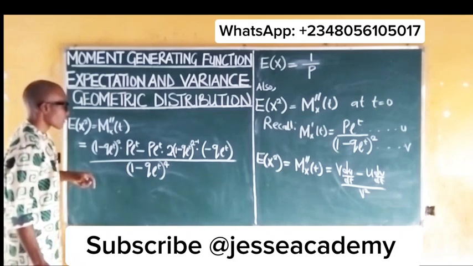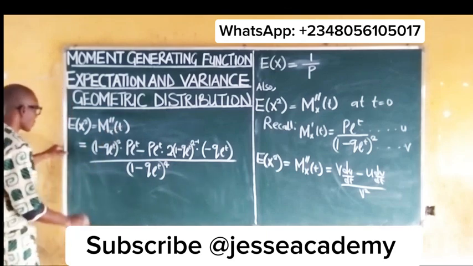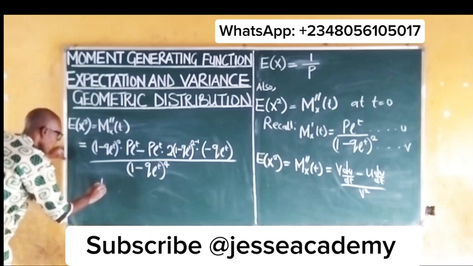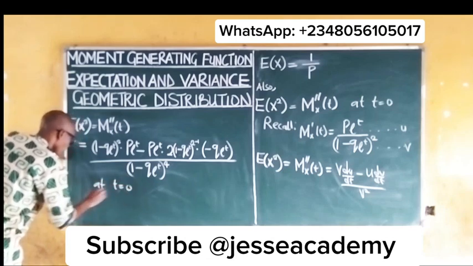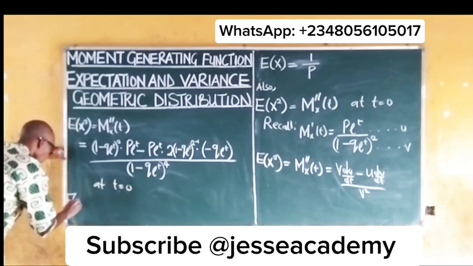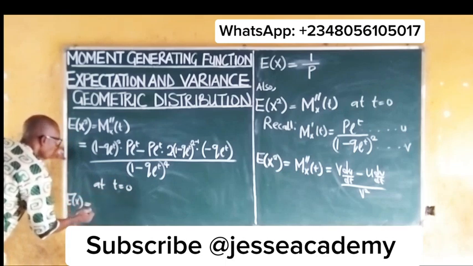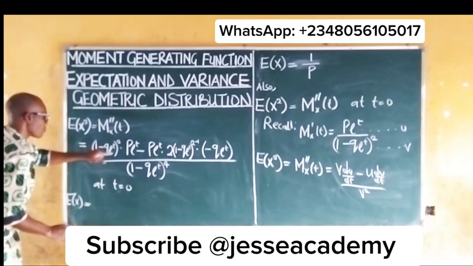Now, at t equal to 0, our expected value of x squared will be equal to, anywhere we see t, we put 0.